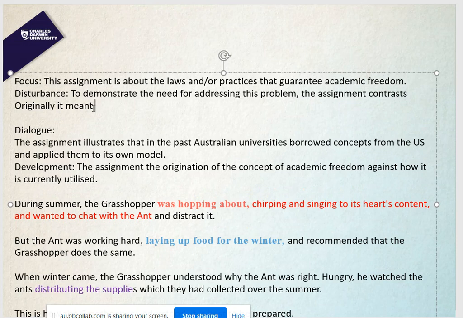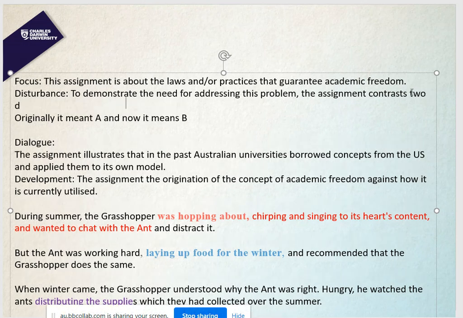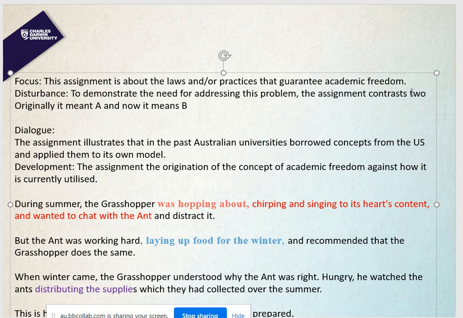Originally it meant A. Now it means B. Or now it doesn't mean B, but instead it's no longer A. That's exactly how it should have gone. Contrast.